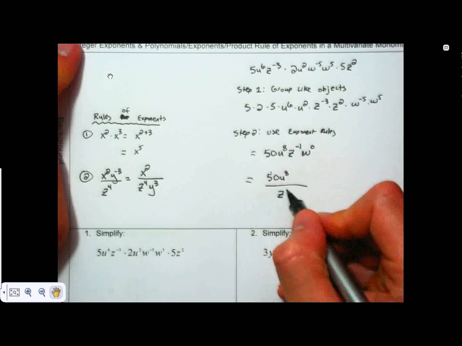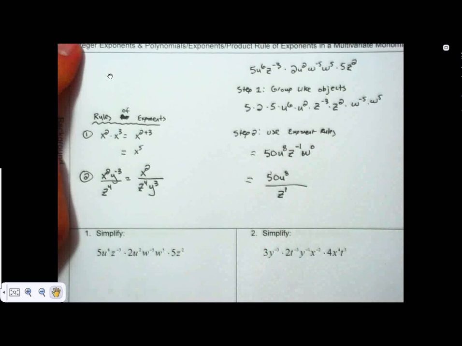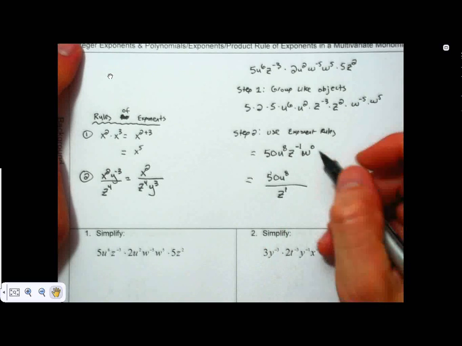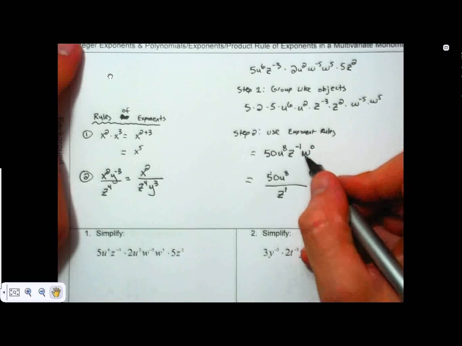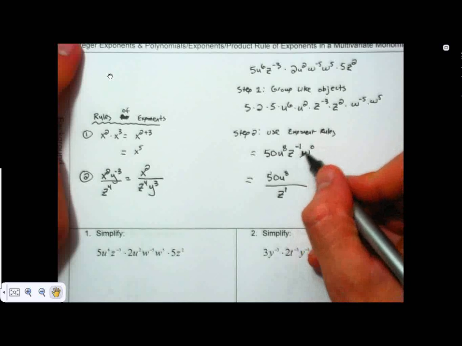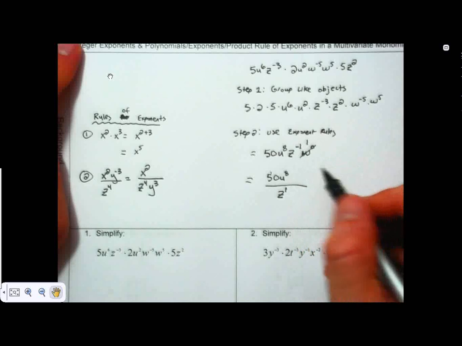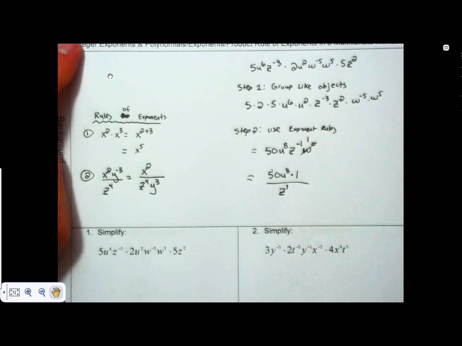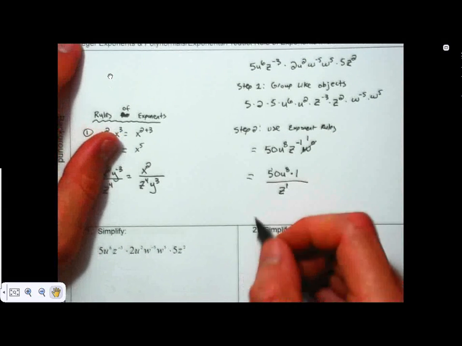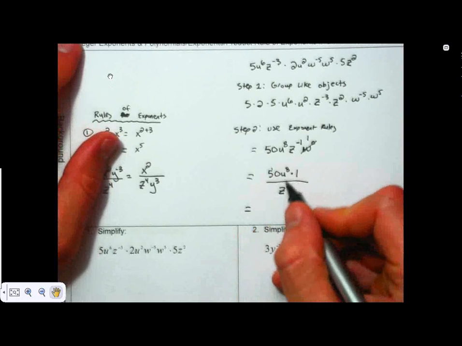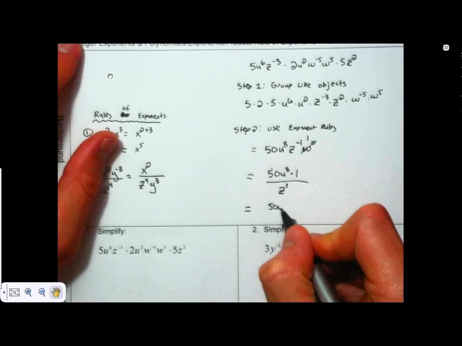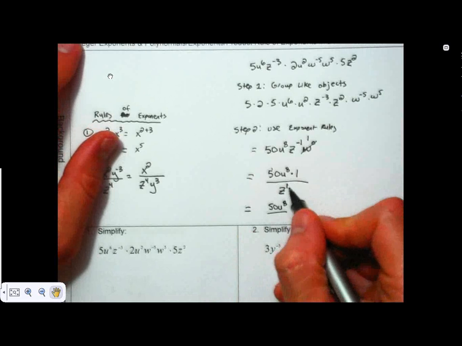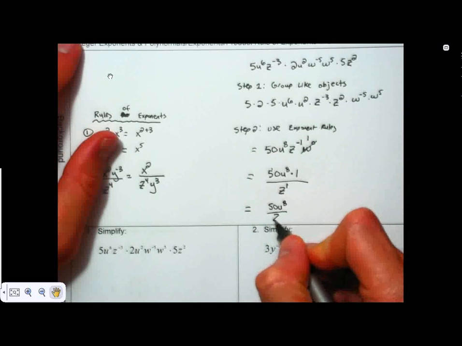The exponent number will stay the same, but it's going to switch signs. In terms of the w to the 0, anything to the 0 power is just 1. So this just becomes times 1. Then what I'm left with is 50u to the 8th, and on the bottom I don't need to write z to the first power, I could just write that as z.